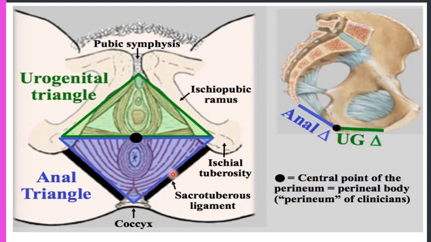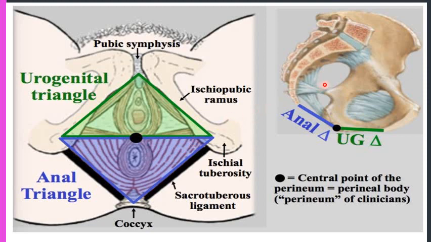Then along that is the sacrotuberous ligament, which is now ending up more posteriorly to the coccyx. And the line which is joining two ischial tuberosities, that is the dividing line which is making the demarcation between an anterior triangle, that is the urogenital triangle. Here you can see this urogenital structure of the female, and the posterior triangle is the anal triangle.